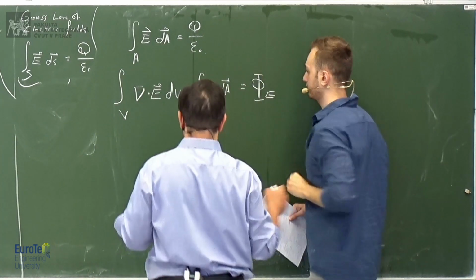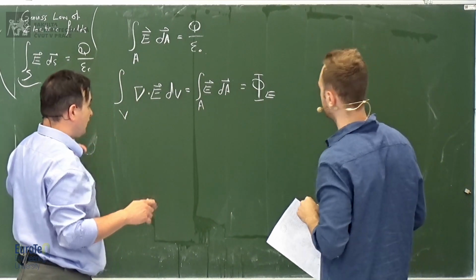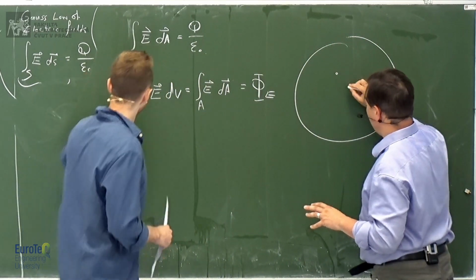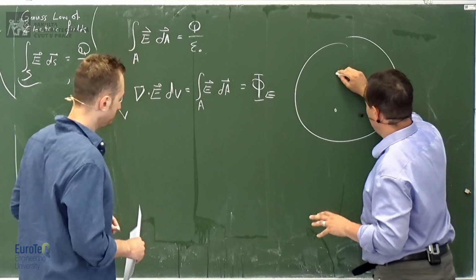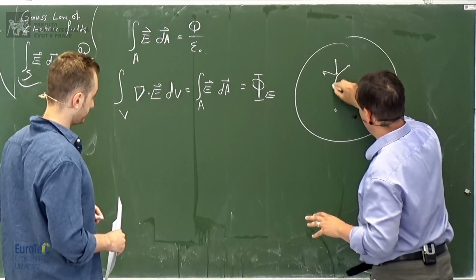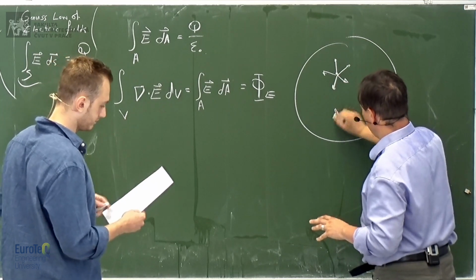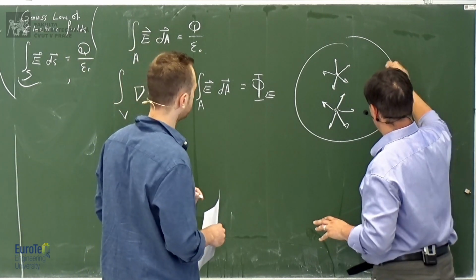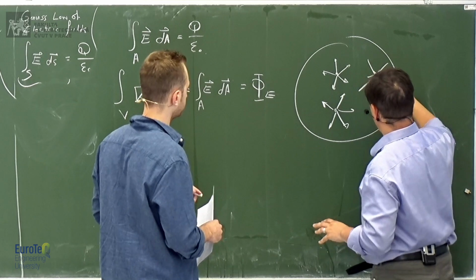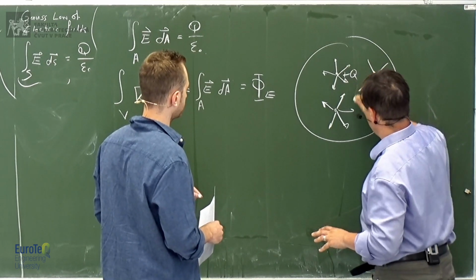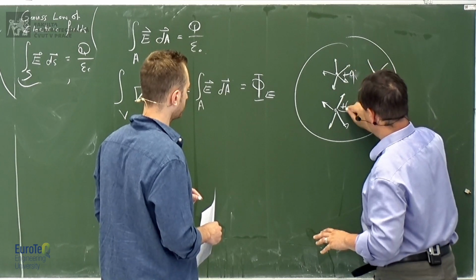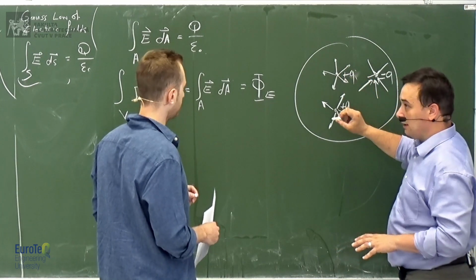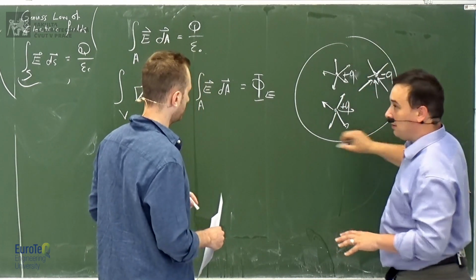Again, equations are fine, but let's try to think about the physics. So you have a ball, and you have the field, which has, I don't know, divergence positive here, positive here, negative here, because you have a negative charge here, plus Q, plus Q. So what you do is integrate the derivative over all the volume.